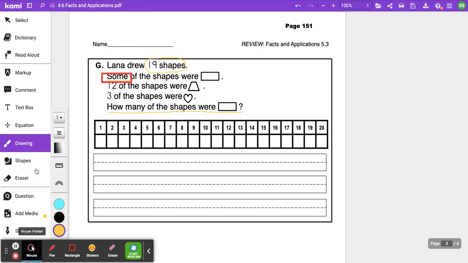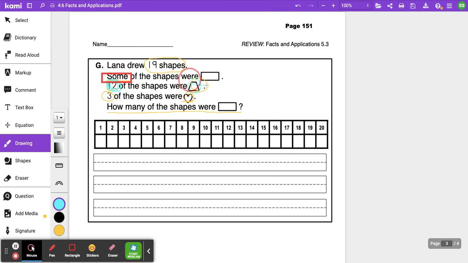Okay, let's go to the next sentence. 12 of the shapes were trapezoids. What's important? 12, and that's the trapezoids. 3 of the shapes were hearts. How many? 3. And they're the hearts. Okay, I'm actually going to change the colors here. We're going to put here that the trapezoids were blue.